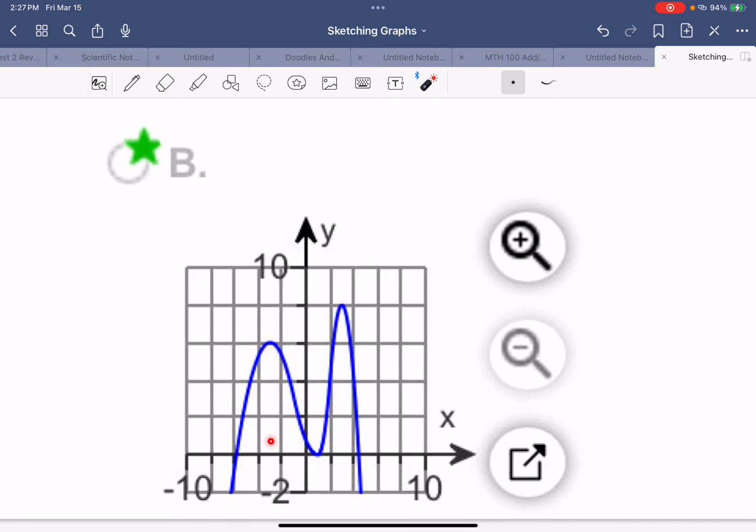Here's negative 3, and my tangent line right there would be horizontal. Here's positive 3. My tangent line here would be horizontal. Now, it's also horizontal here, but just because it has another place where it's horizontal doesn't mean that we have to eliminate the graph. It just says that here and here the tangent line is horizontal, or the slope is 0.